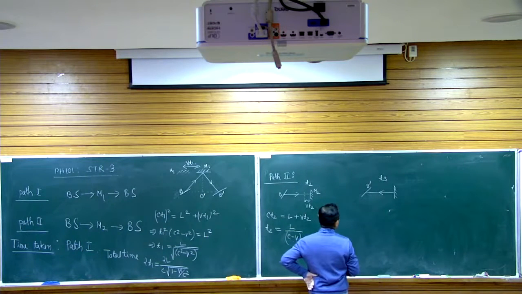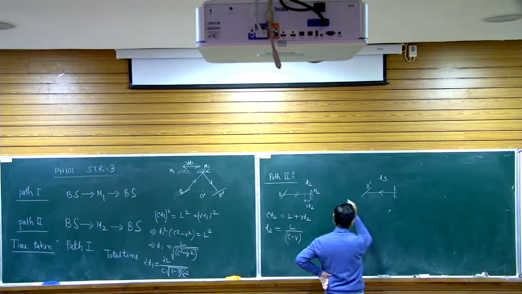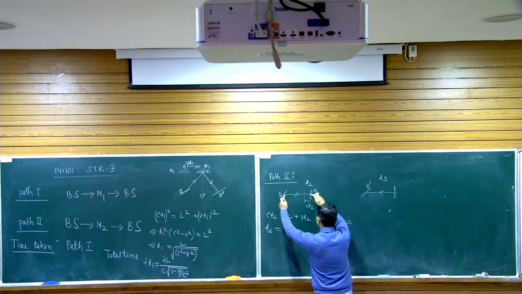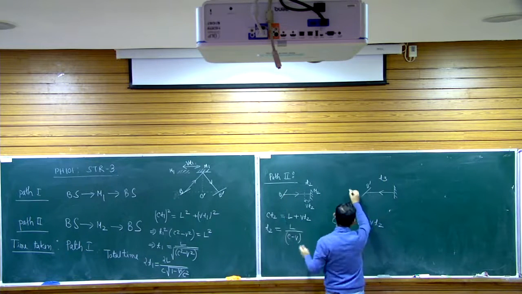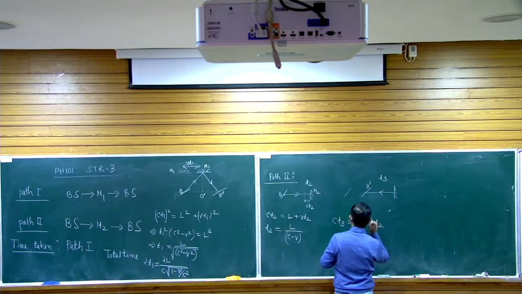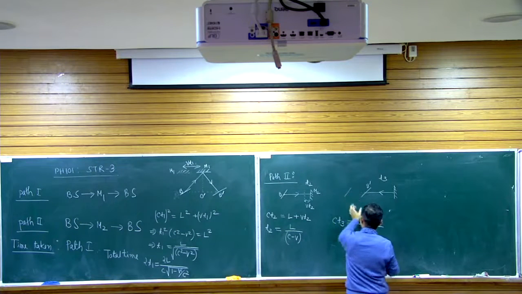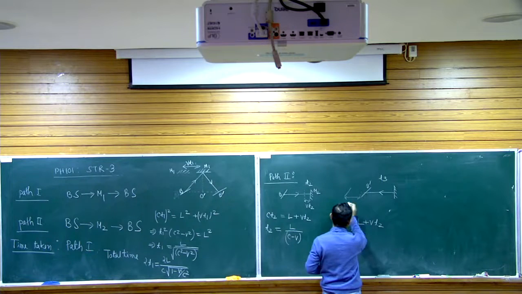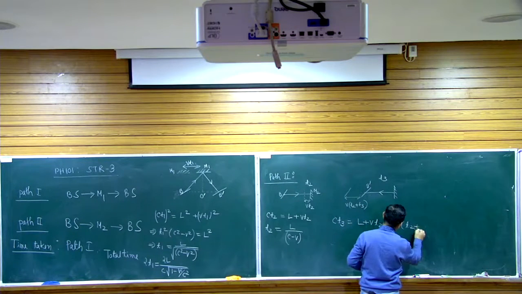The time taken is T3, so the distance traveled is CT3, and this distance will be L plus VT2 minus the distance that the beam splitter will travel during the total amount of time, that is V into T2 plus T3.